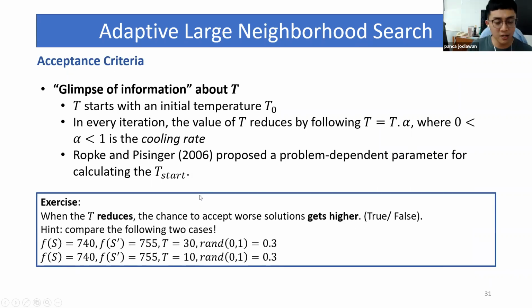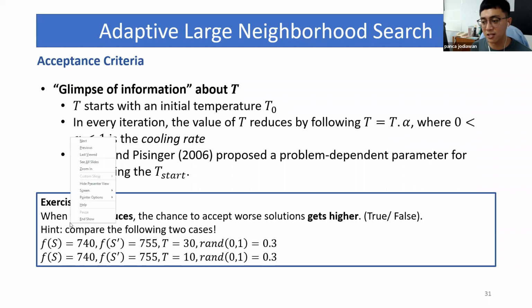What I want to give you is some sense about the impact of the T. Let's see this statement: when the T reduces, the chance to accept worse solutions gets higher. Is it true or false? I provide you a hint. Compare the following two cases.